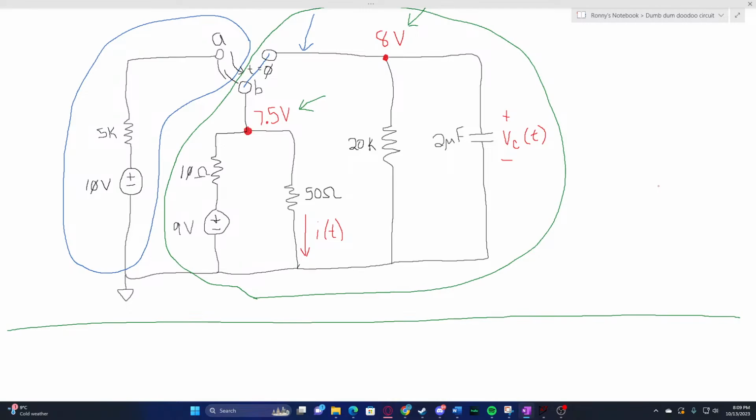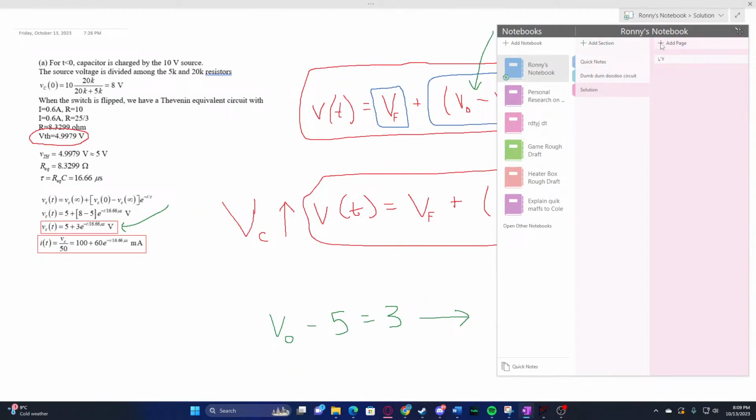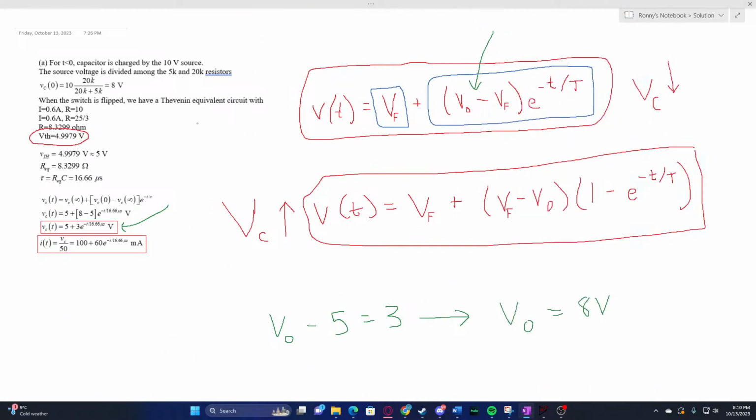Let me look at their solution one more time. This is also from a book that does not really explain this stuff well. They say, when the flip is switched, we have a Thevenin equivalent circuit with a current of 0.6 amps through R10.